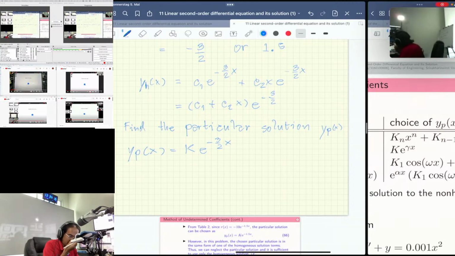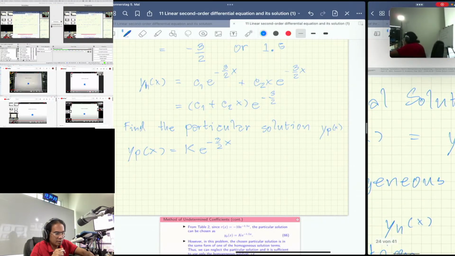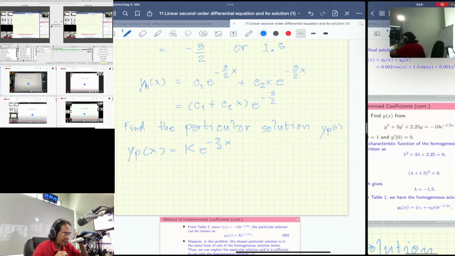And now we will substitute it back into the original equation, and let's see what K should be.